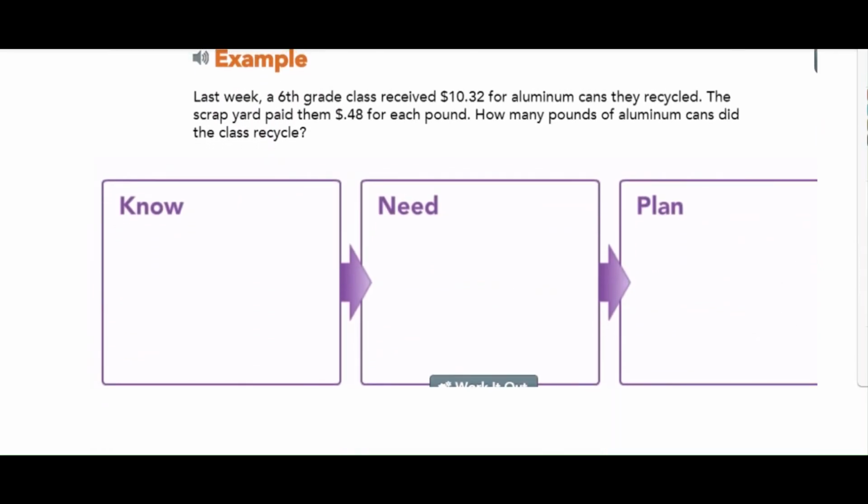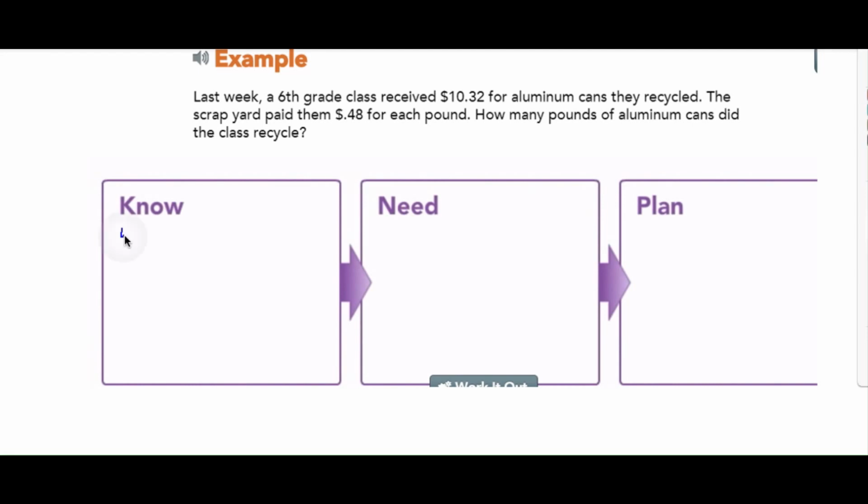Last week, a 6th grade class received $10.32 for aluminum cans they recycled. The scrapyard paid them 48 cents for each pound. How many pounds of aluminum cans did the class recycle? Well, what do we know? What information do we know about this problem?